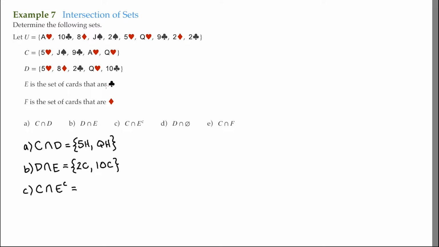So I just go up to set C, and this is not a club, this is not a club, this is not a club, and this one's not a club. So we have a 5 of hearts, the jack of spades, the ace of hearts, and the queen of hearts.